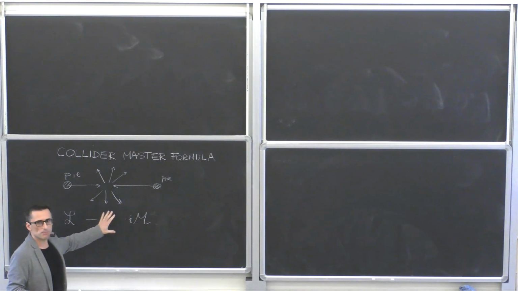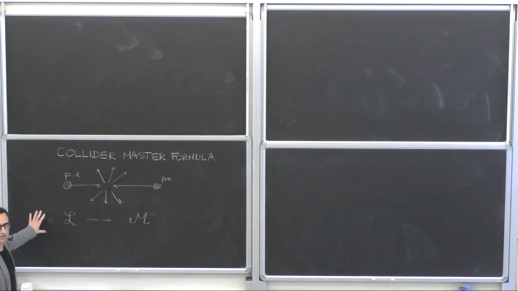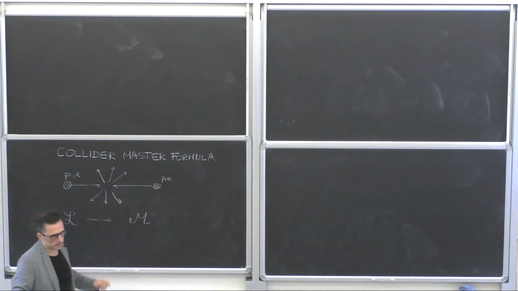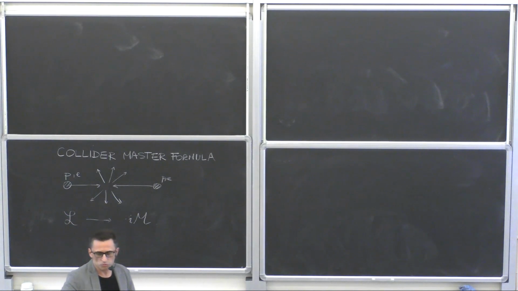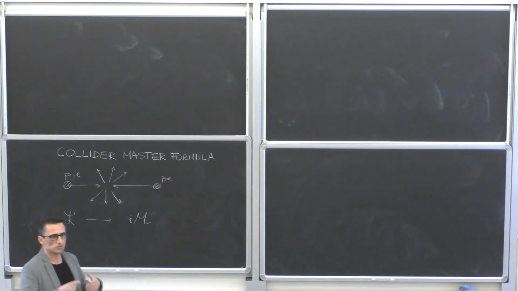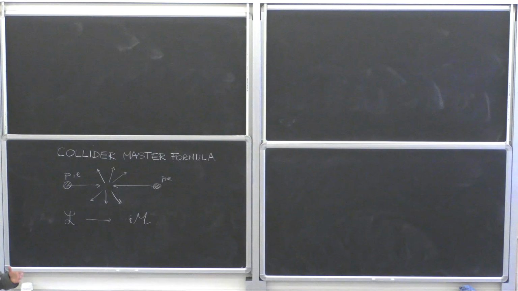Very good. Remember that the Lagrangian is not really a physical object per se, as Ian explained very well yesterday. You can do field redefinitions, you can change the way a Lagrangian looks, even the kind of degrees of freedom that appear.